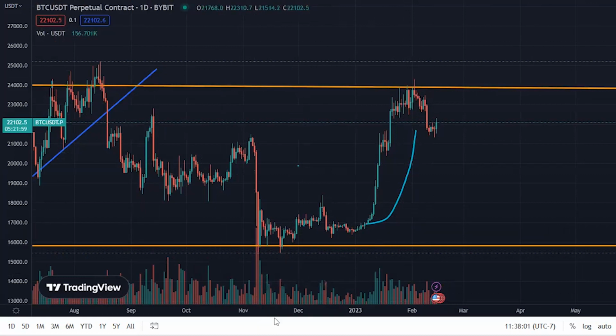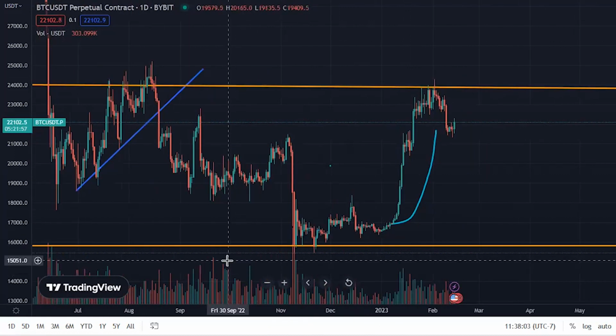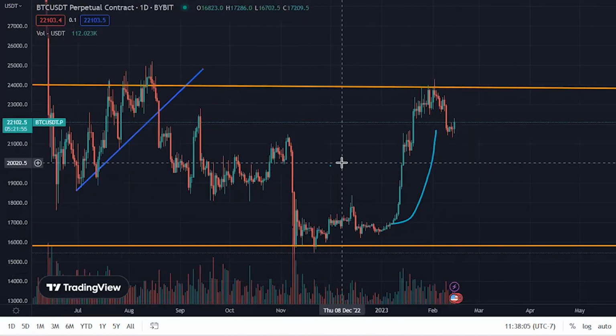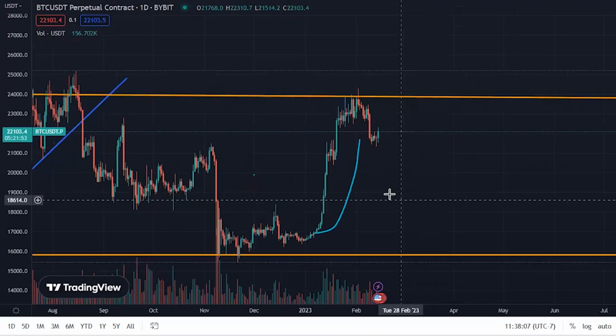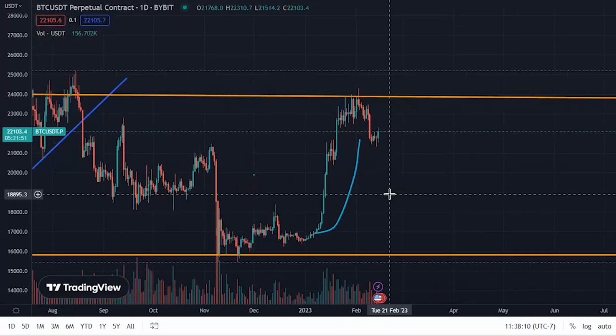And now we have to find support and resistance. Same thing, draw your lines, and there you have it. That's how you analyze the chart. You look for the trend that is in the market, and then you look for the support and the resistance.